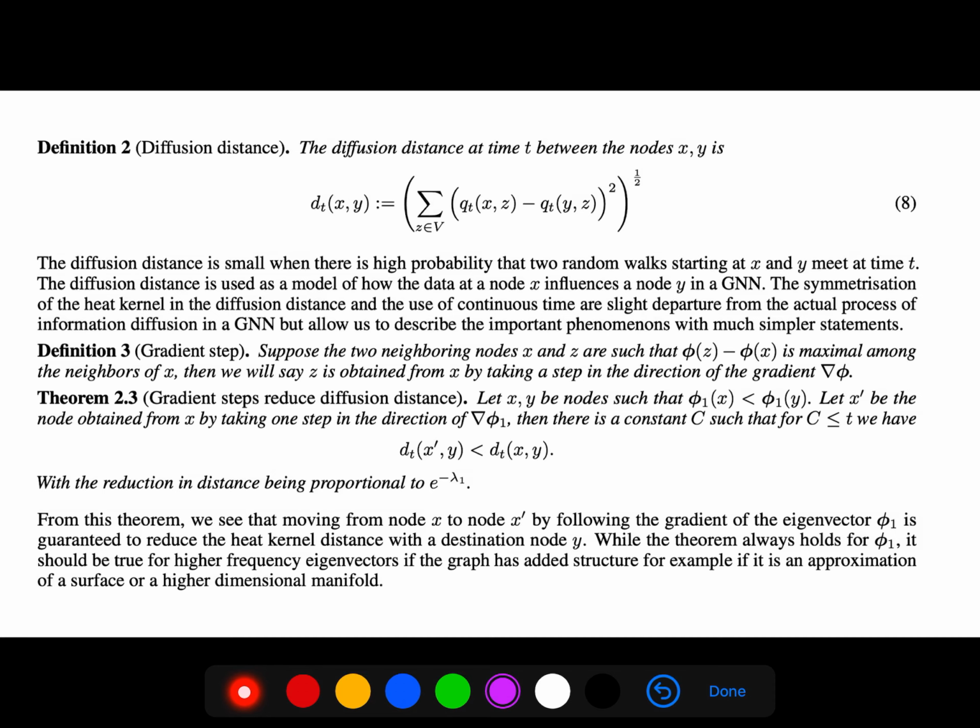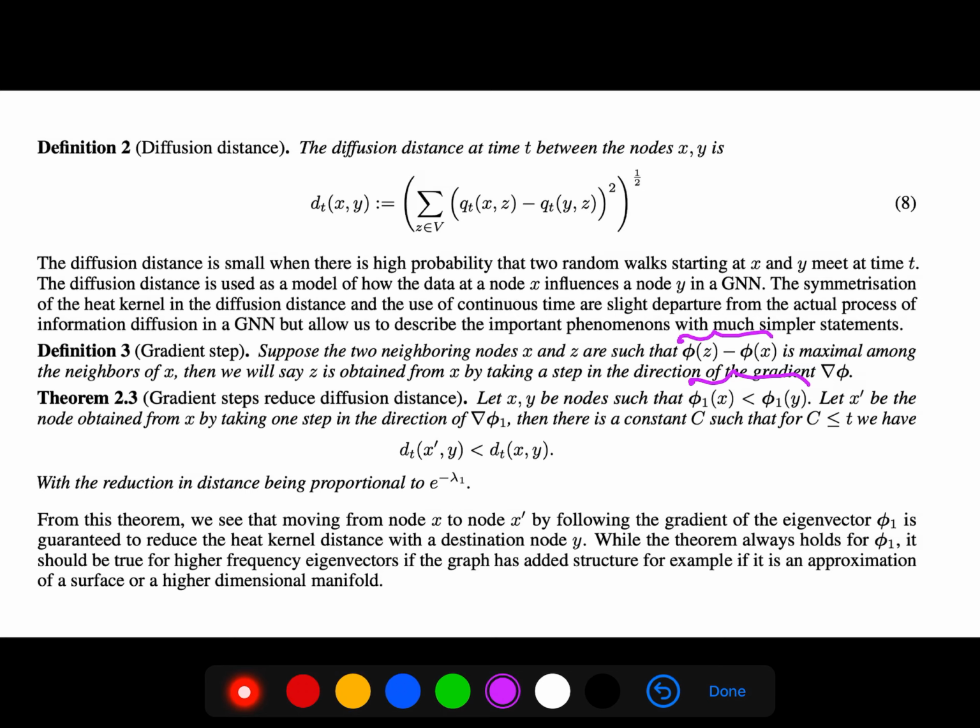Now, suppose the two neighboring nodes x and z are such that phi of z minus phi of x is maximal among neighbors. Then we will say z is obtained from x by taking a step in the direction of the gradient of phi. And let x and y be nodes such that phi of x is less than phi of y, and x prime be the node obtained from x by taking one step in the direction of the derivative.